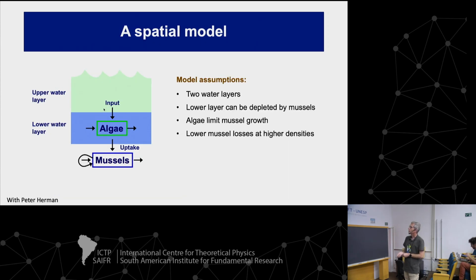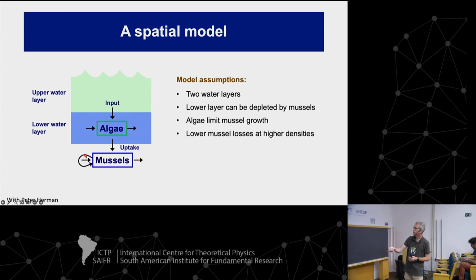And then we made a model of that, and it takes into consideration that you have a separation over the water column between a layer of water that goes over the mussels, in between the mussels, and a higher water layer that sits on top. They are a bit decoupled because of the friction of the water. So you have basically a two-layer system in the water column, and the mussels consume the algae from that lower water body.